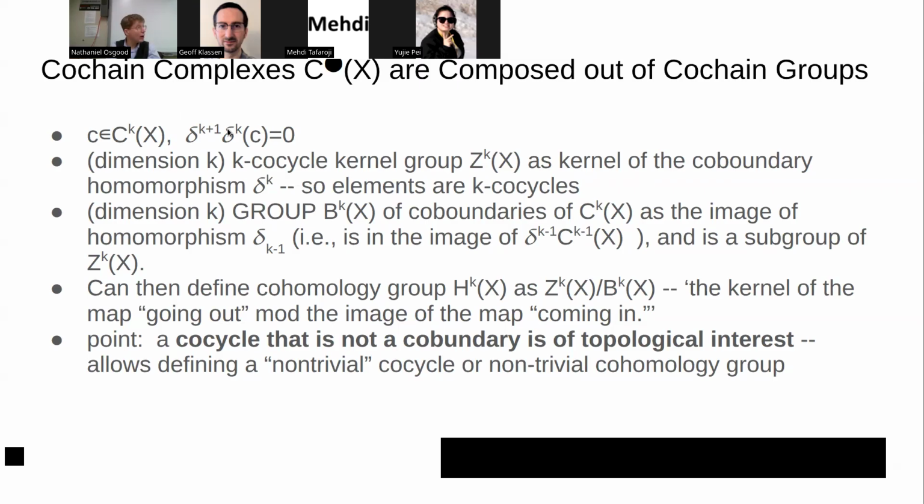Taking the derivative twice, because of symmetry, led to 0. Well, it's a similar thing here with similar cancellations, just going up in dimension. We can define a k cocycle kernel group as the kernel of the coboundary operator, like the things mapped to 0, going up in dimension.